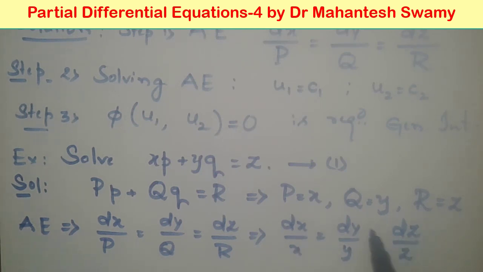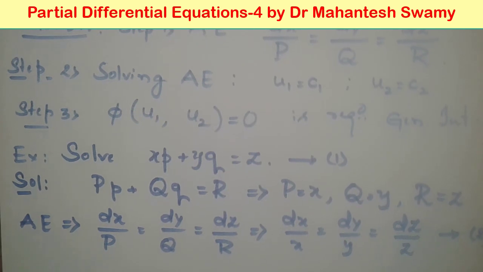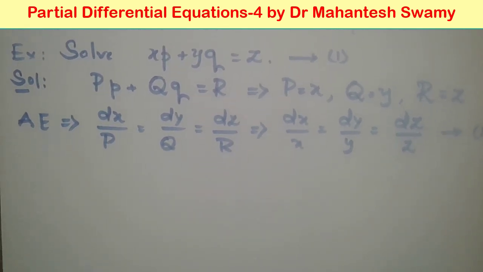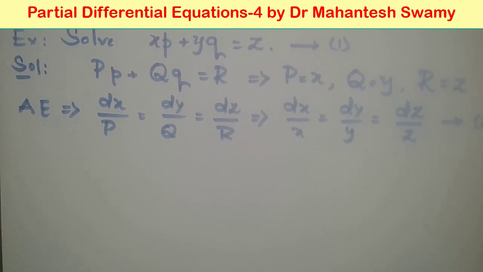So these are the auxiliary equations we are having. Now call them equations 2. Now it is our duty to solve these equations. So how to solve these equations? It is very simple in this case.